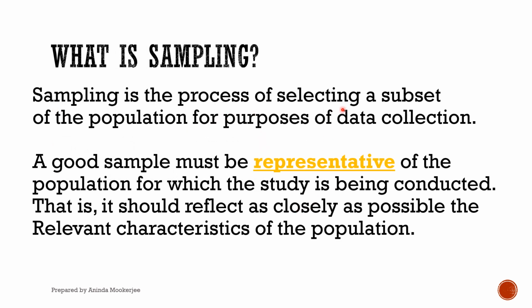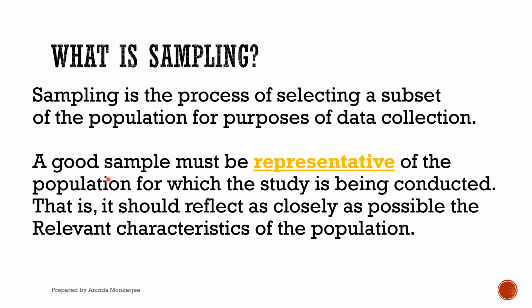Sampling is the process of selecting a subset of the population for purposes of data collection. Once we collect our data in the form of a sample, we also perform some descriptive studies on it. We take measurements on it, correct? And only after we complete our descriptive study process, we are ready to reflect back on our population and make estimates on the population from our sample data, right?